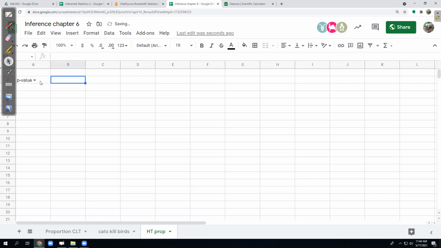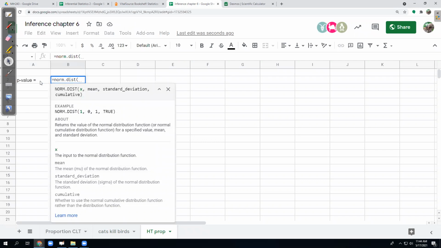So in this case, to do a p-value, we use the NORM.DIST. NORM.DIST says, give me your x value. Well, my x value is my z-score. So negative 2.37835 is the z-score I calculated.